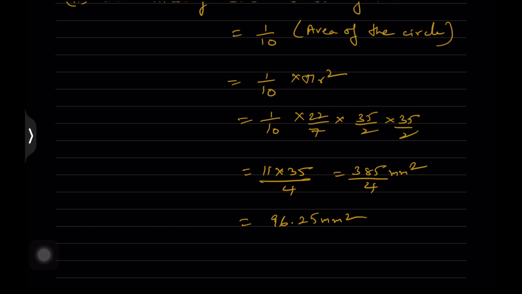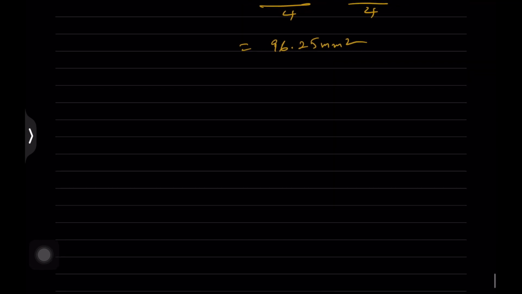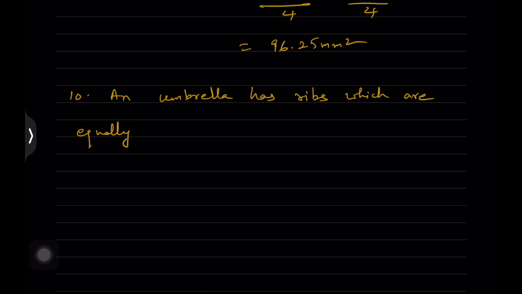So now going into the next problem. That's the 10th one. An umbrella has ribs which are equally spaced.